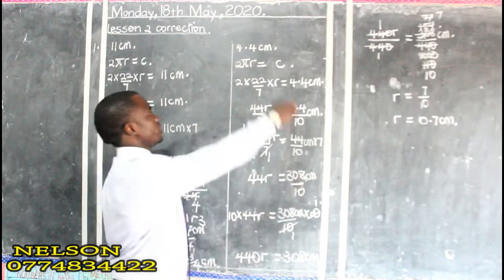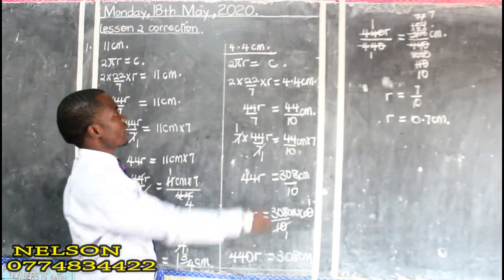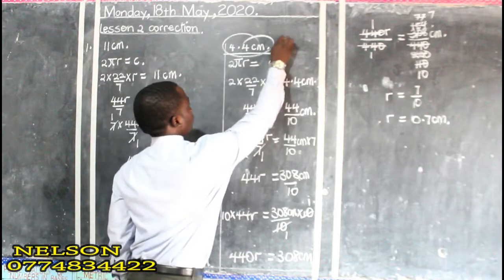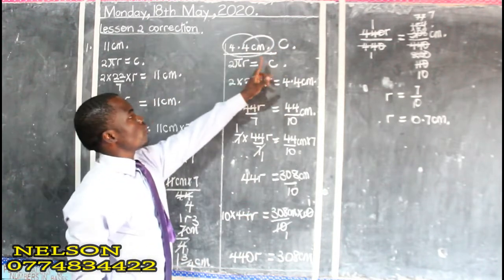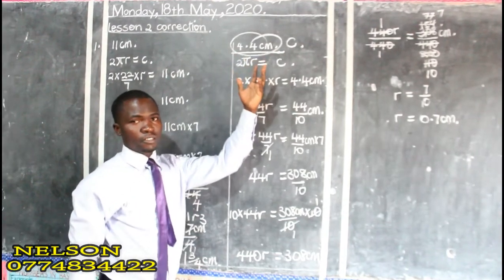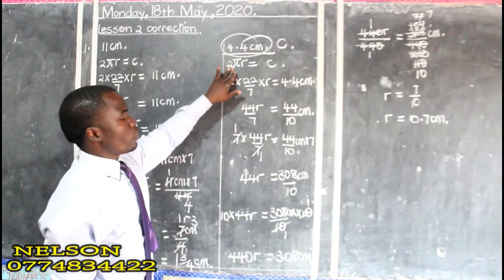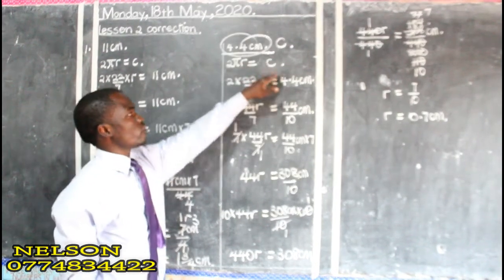We had this number which had 4.4 as our circumference. So we were given circumference and we were asking for the radius. We brought in the formula for circumference, which is 2 pi r equals circumference.